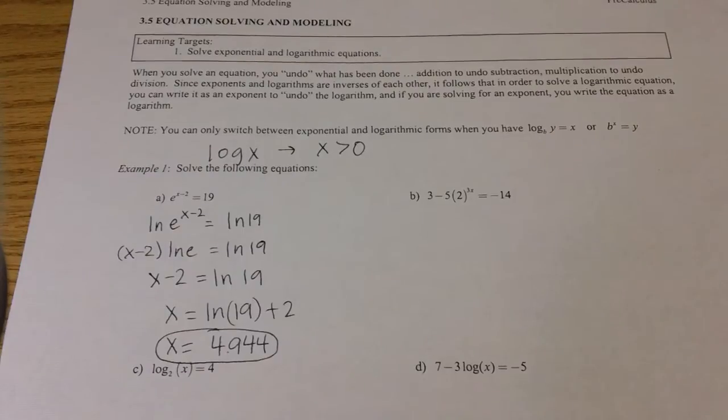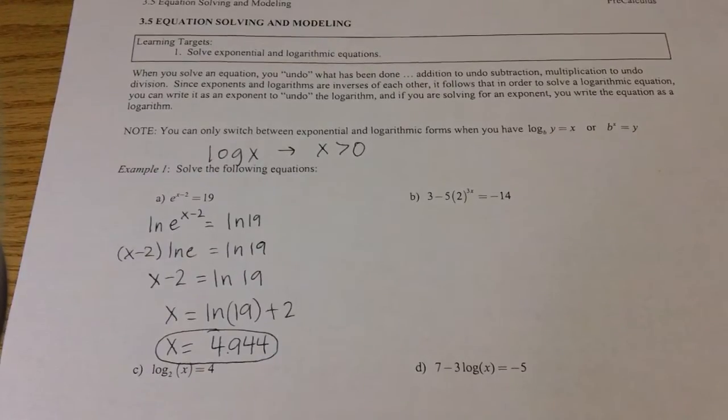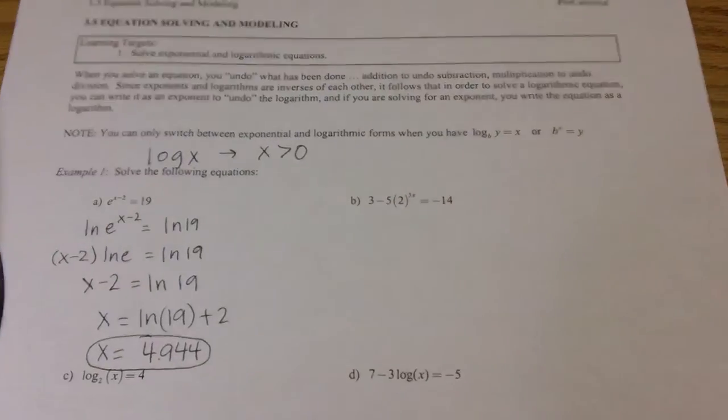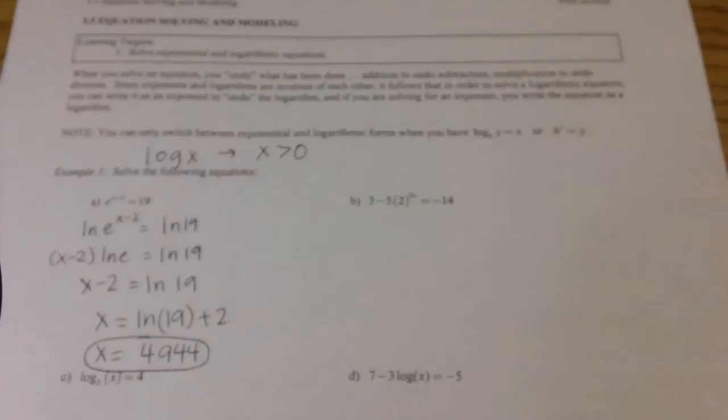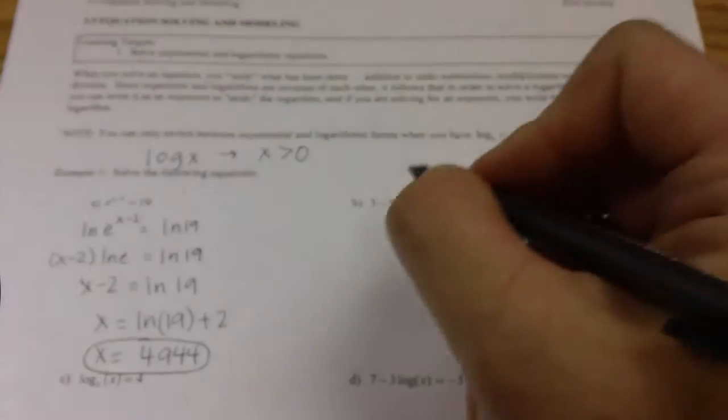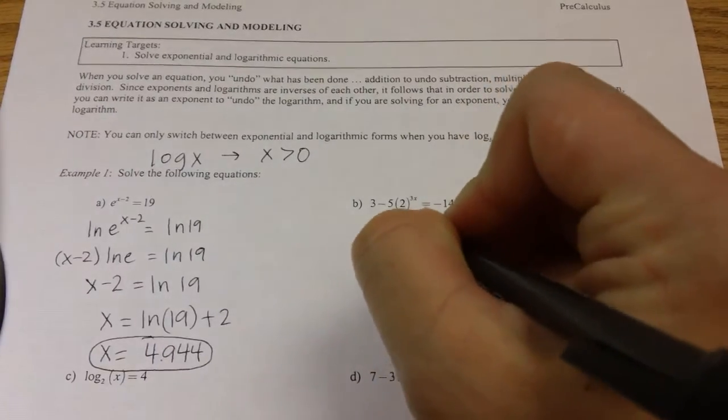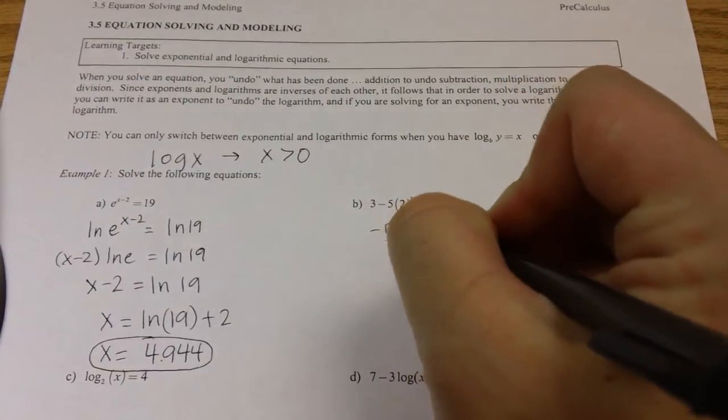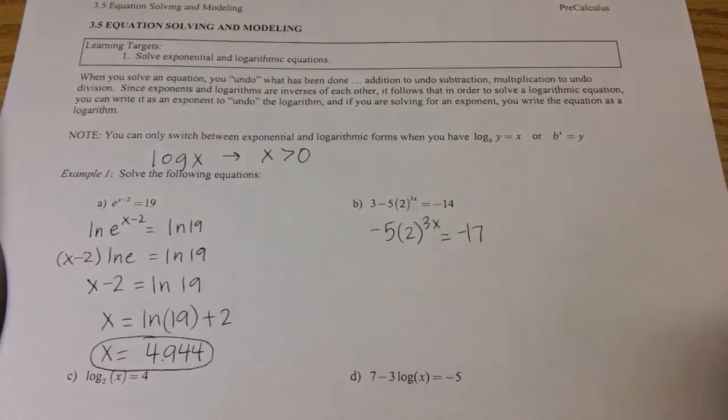Okay, let's look at example B. In example B we have 3 minus 5 times 2 to the 3x power equals negative 14. The first thing we're going to do is subtract 3 from both sides, and then we'll divide by negative 5.